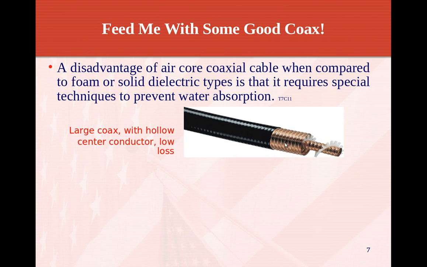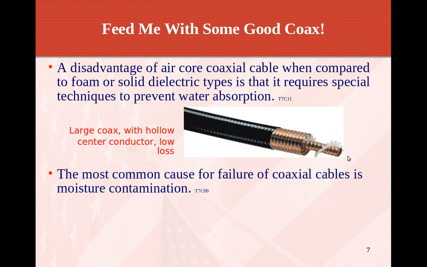And this is an inexpensive way to make some coax, because if that center were solid copper, it wouldn't make a difference whether it was solid or hollow, because the signal travels on the skin of the conductor, toward the outer edge. So with this technique, you need to put an inert gas in there. So it's a pressurized system.